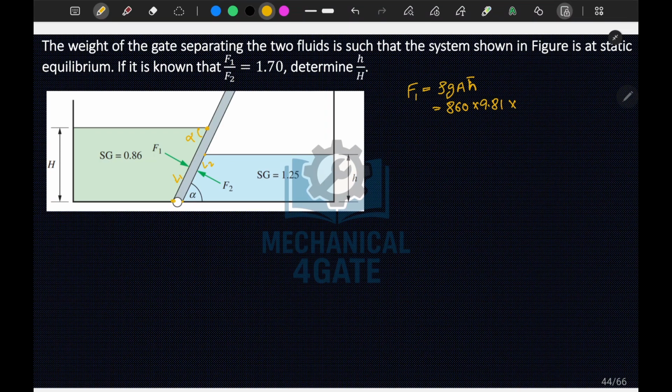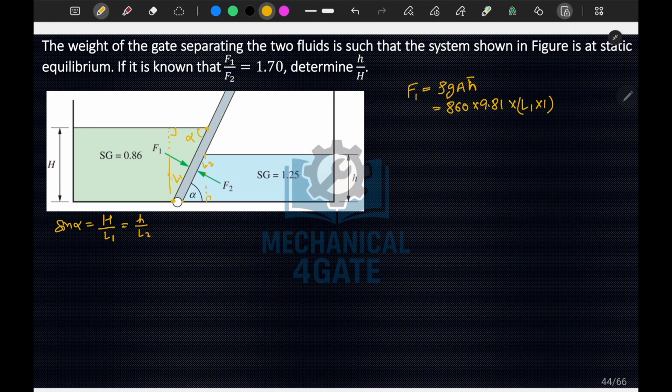If I take this triangle here, I can say sine alpha is equal to capital H by L1. Similarly, sin alpha is equal to small h by L2. So I can write A is equal to L1 into 1, times h bar.